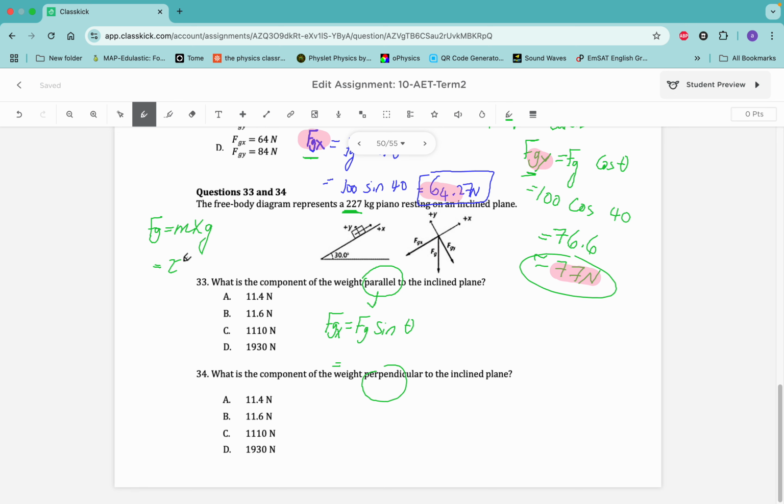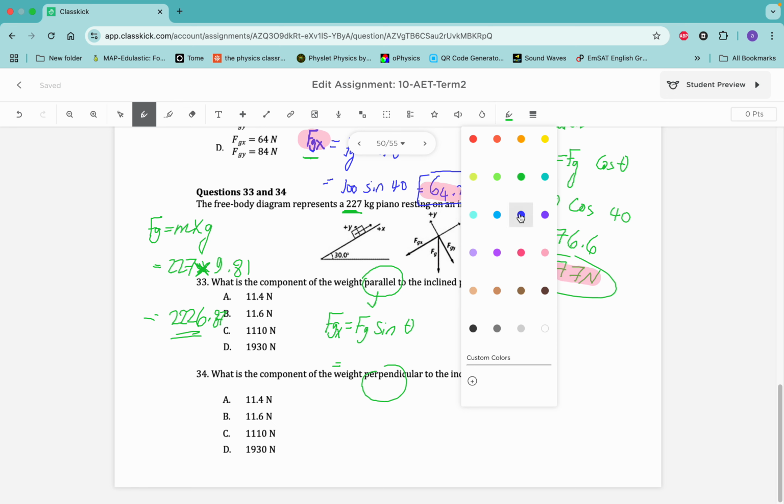So 227 times 9.81, or 10, it's the same, gives 2226.87. This is the weight that will be used here.